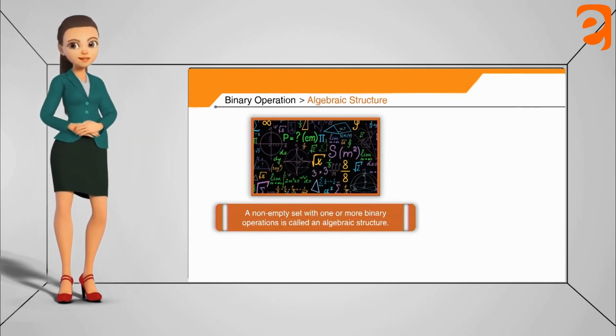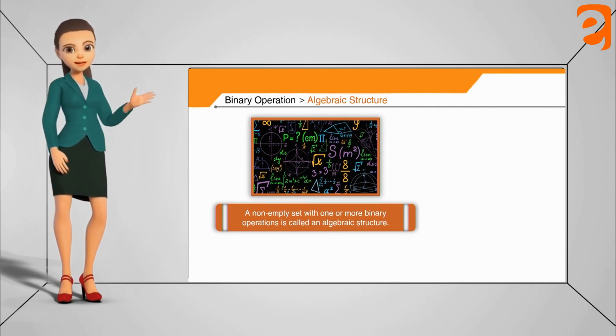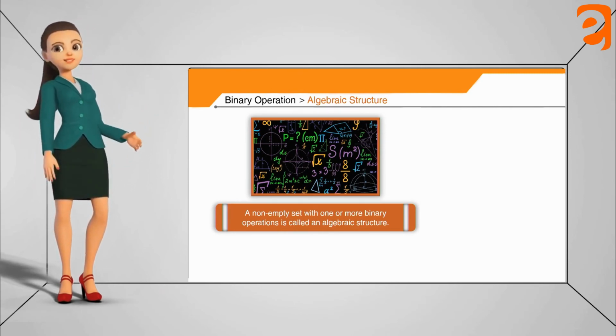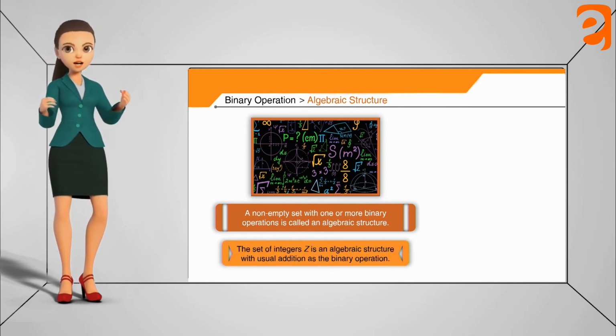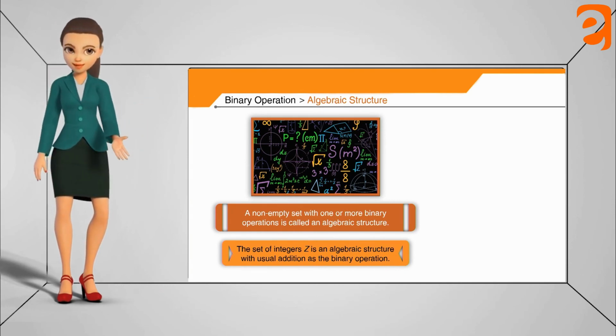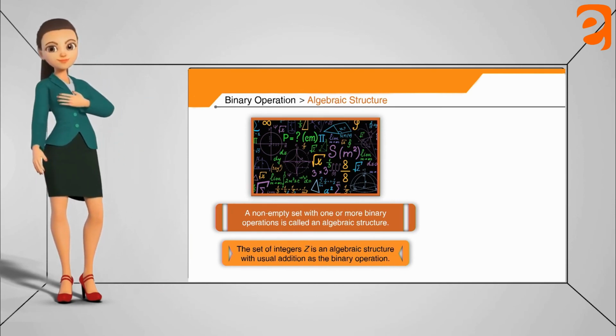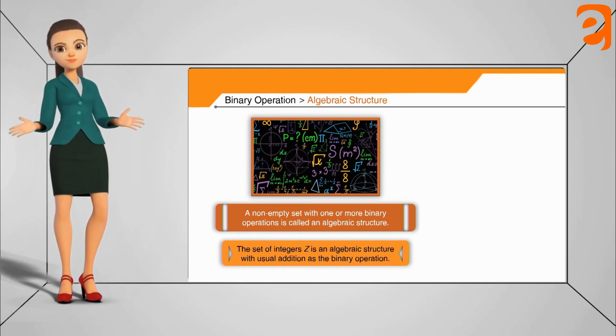Now let's define what we mean by an algebraic structure. It is a non-empty set with one or more binary operations. For example, consider the set of integers. We have just shown that addition and multiplication are binary operations on the set of integers.